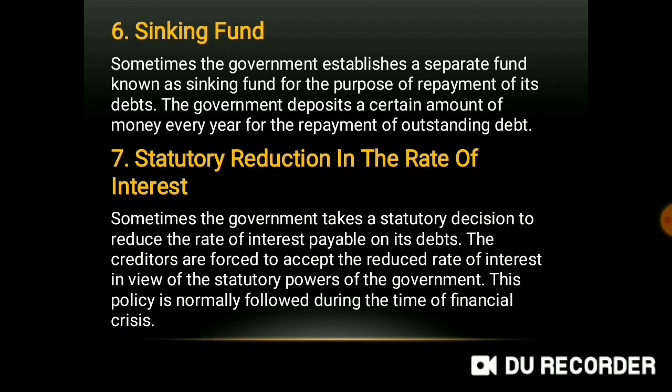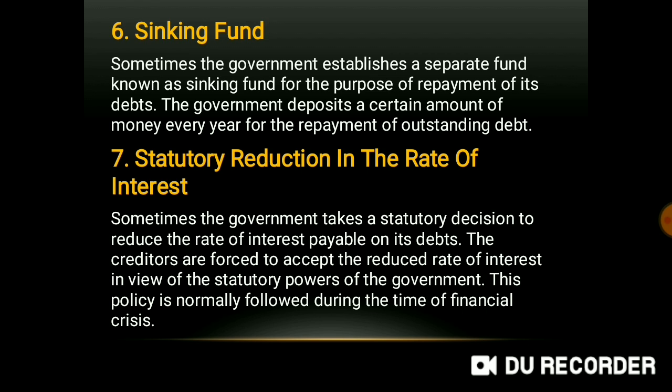The seventh method is the statutory reduction in the rate of interest. So sometimes the government takes a statutory decision to reduce the rate of interest that is payable on all the debts taken by the government. So here the creditors who have given loans to the government are forced to accept the reduced rate of interest because of the legal power that is vested by the government on them.